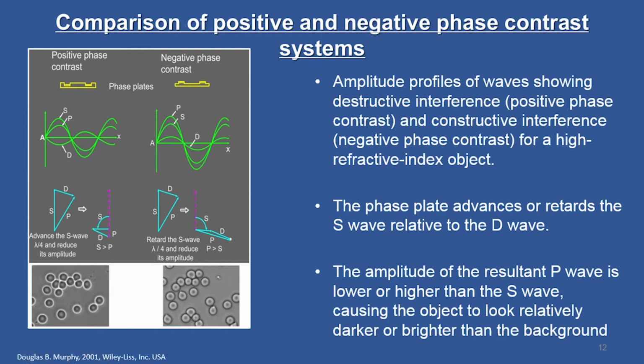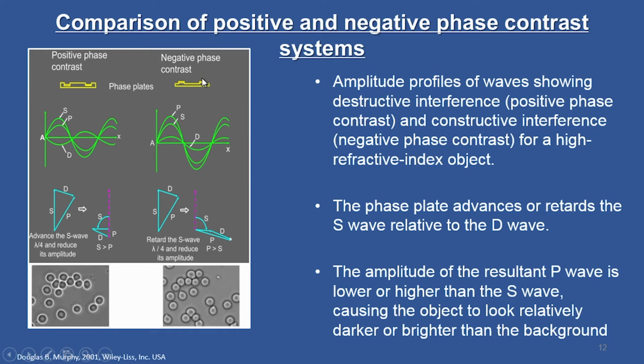Now we will see some other aspects of this phase plate: a comparison of positive and negative phase contrast systems. You have this positive phase contrast plate and this is a negative phase contrast plate.